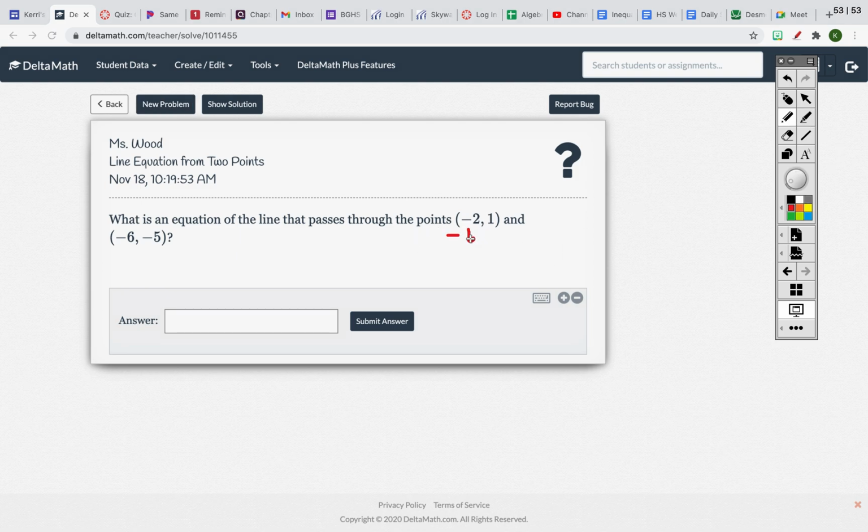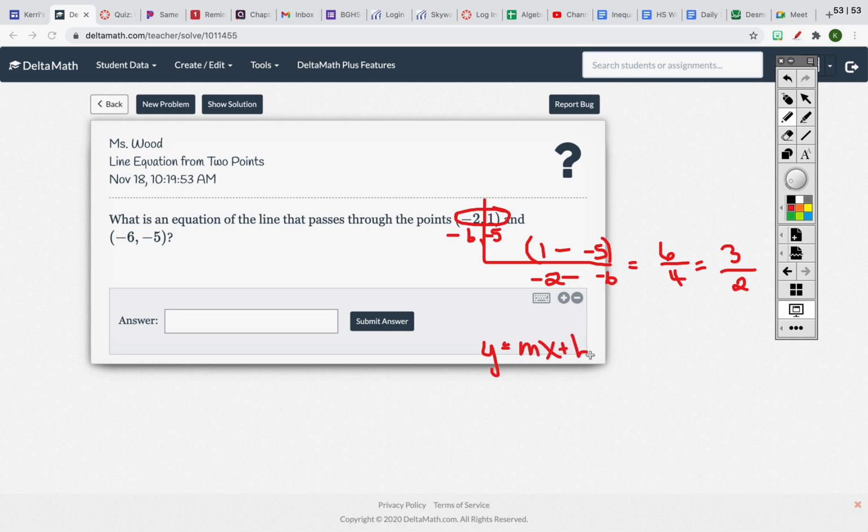So we stack them. -5, 1, -6, -2. This becomes 6/4, which reduces to 3/2. I'm going to plug it into this one. So plug it into y equals mx plus b.